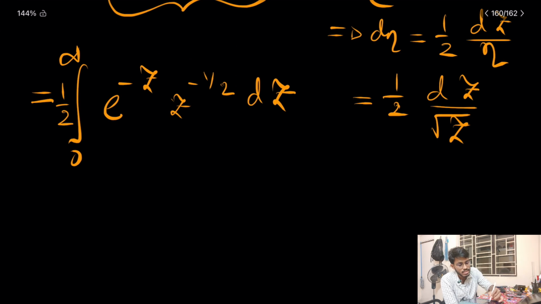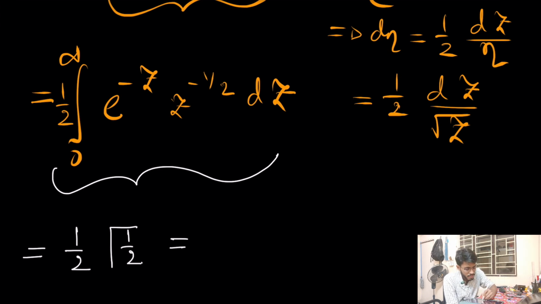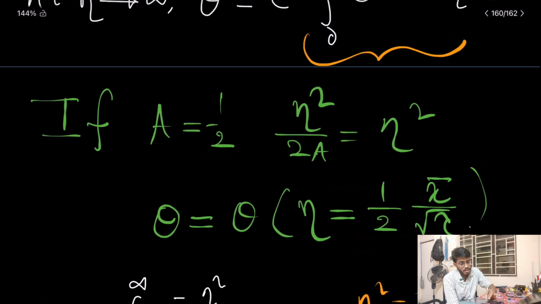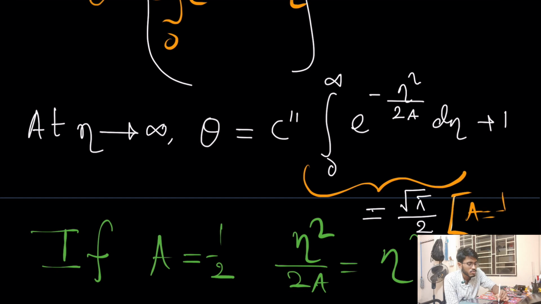Can you recognize this integral from your knowledge of engineering maths? This is half into gamma of half, this is the gamma function of half, and gamma half is root pi, so this is root pi by 2. Clear? That means this integral is equal to root pi by 2, and I have already taken my a equal to half.